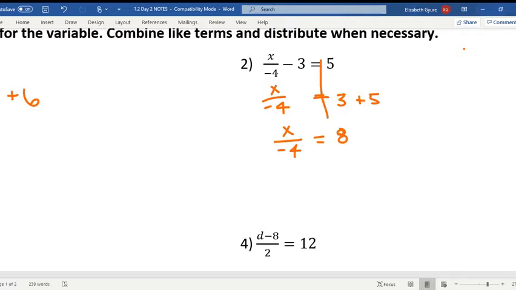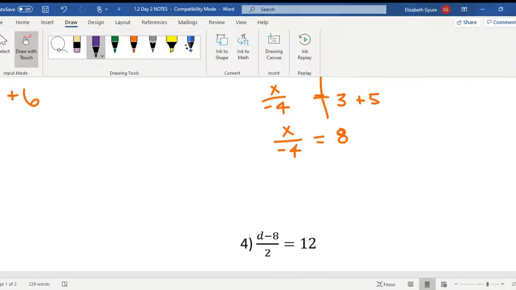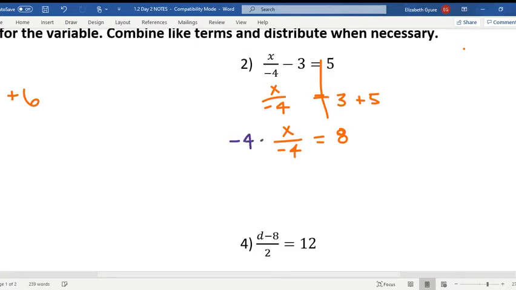Then Bailey, what should I do to both sides? Well, right now it's being divided. What's the opposite of dividing? Not subtracting. You told it to me before. Multiplication. Good. Multiply both sides by -4.